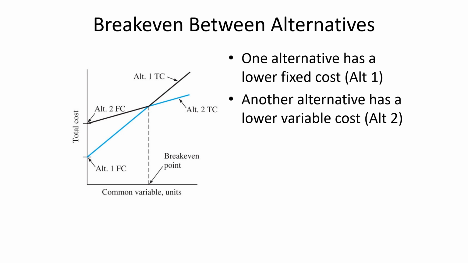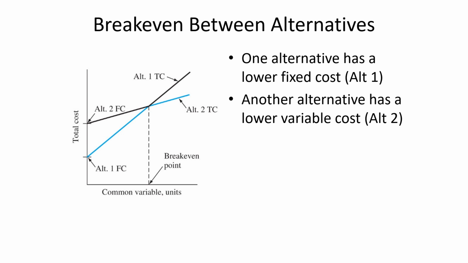So two different pieces of equipment, and alternative one has a low fixed cost. So it's cheaper to purchase outright, but it has a higher variable cost of operation. So it might be a less sophisticated piece of machinery, but it requires maybe more manual interaction.